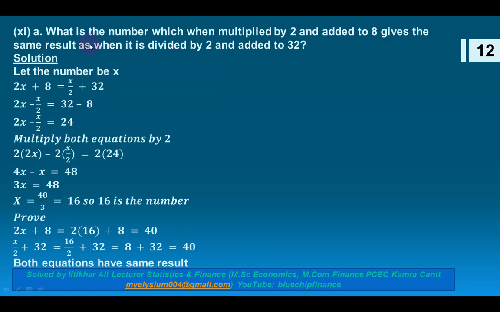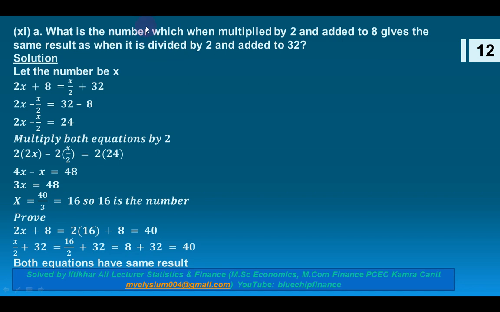In question number 11, what is the number which when multiplied by 2 and added to 8 gives the same result as when it is divided by 2 and added to 32? So it is somewhat the same question which we discussed before. So what is the number?